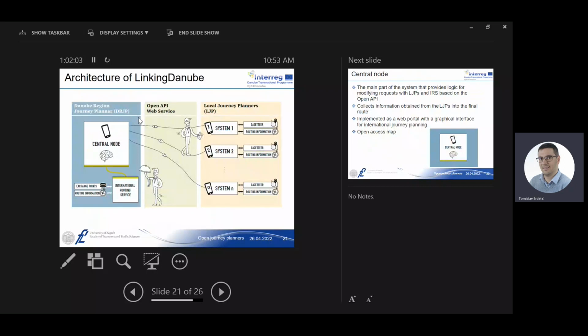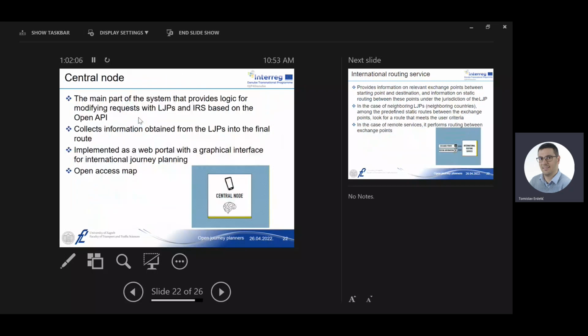So the central node is the main part of the system that provides logic for routing requests. It collects all the information obtained from local journey planners and assembles the final route. This is implemented within a web portal with a graphic interface for the international journey planner.